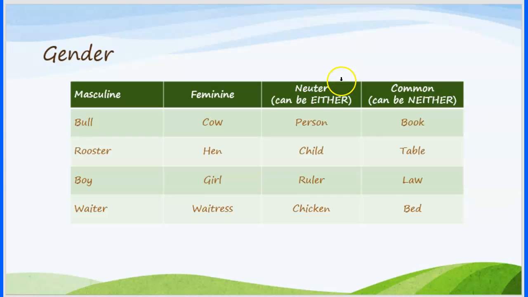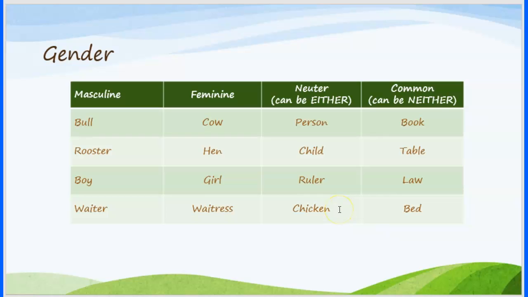And so if you can remember this, then you can remember, hopefully, if a person comes into the room, we don't necessarily know if it's a male or female, but it would be in the neuter category. Same with child. Many people have babies and do not find out the gender, and so that would be in the neuter category. Same with the ruler of a country, not a ruler like you measure something, but the ruler of a country could be male or female.